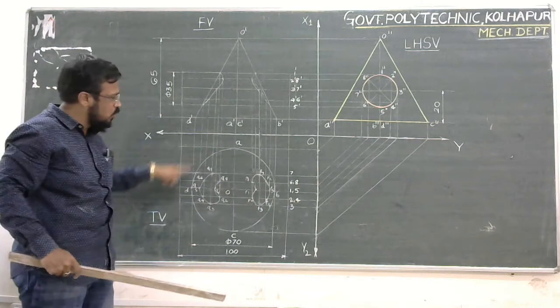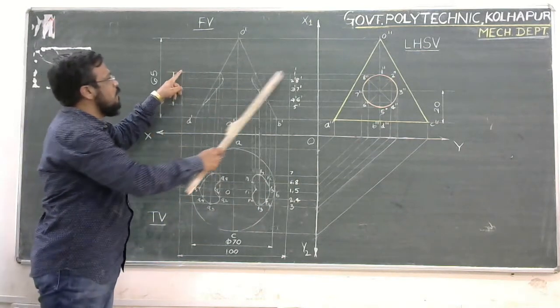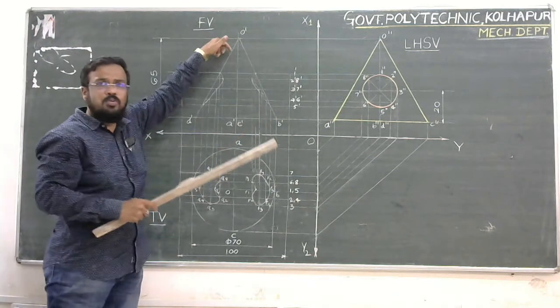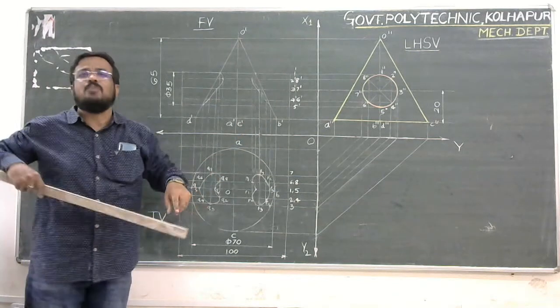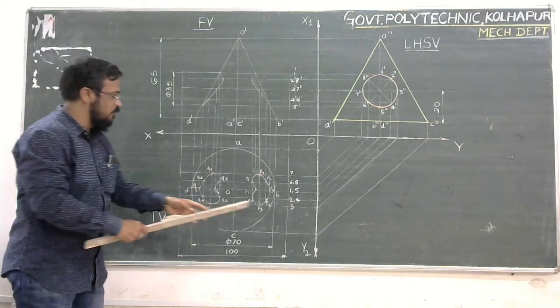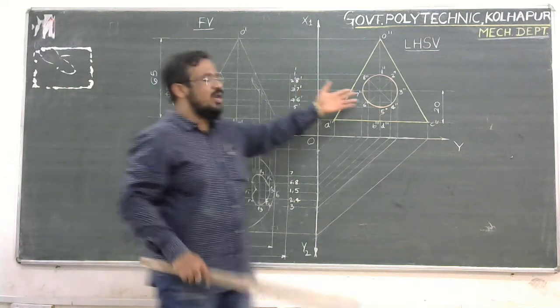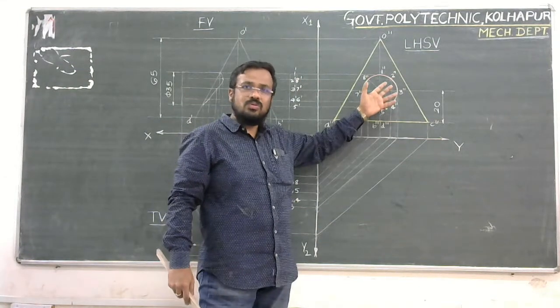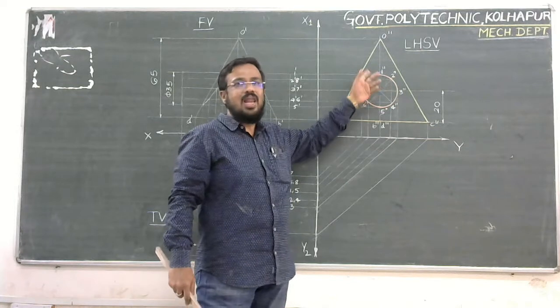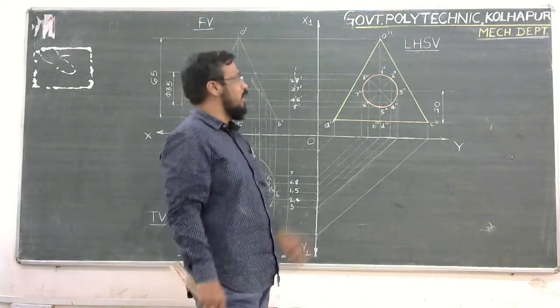So this is the top view of the cone. Similarly, if I observe this cylinder from the top, it will again be visible in the form of a rectangle. So this is nothing but the view of the cylinder in the top view in the form of a rectangle. And the side view I have already discussed. In the side view, the cone is in the form of a triangle, and the cylinder is in the form of a circle because it's a side view, the left hand side.